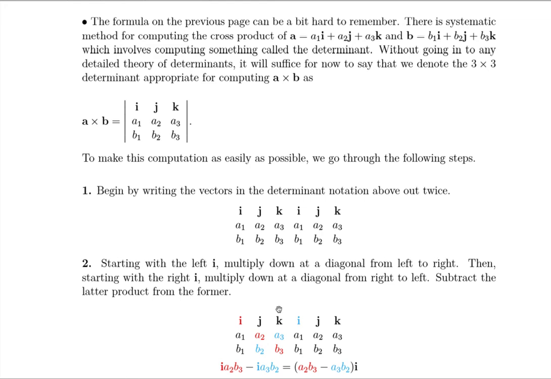This is one my professors taught me when I was taking this same class, and he calls this the spaghetti method. So what you're going to do is write i j k twice in a row, i j k, i j k. Then you write the first vector in your cross product twice in a row, so a1, a2, a3, a1, a2, a3, and the same thing with your second one below that, b1, b2, b3, b1, b2, b3.